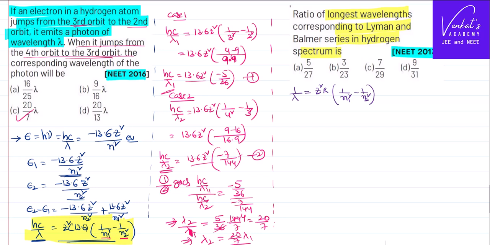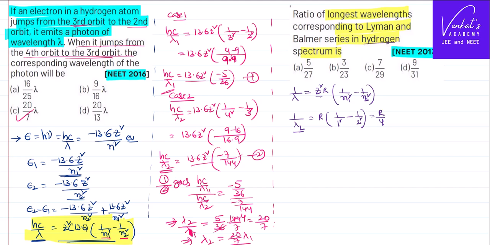You want the longest wavelength. Z is 1 because it's a hydrogen atom. For the Lyman series, n1 is always 1. As the wavelength has to be longest, 1 by lambda has to be minimum. So what we are subtracting has to be the next one, 1 by 2 square.